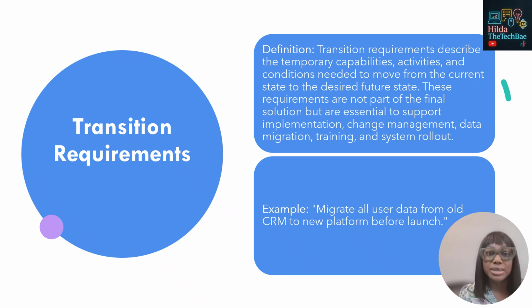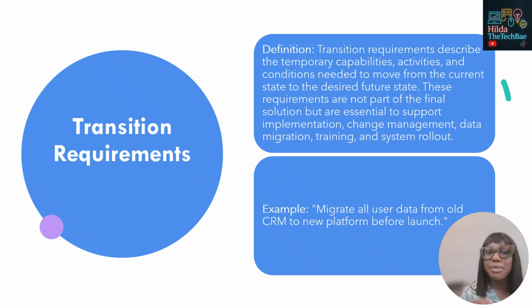Transition requirements are like moving trucks. They are not needed forever, but they help you get from old to new smoothly. Transition requirements are often overlooked but are absolutely critical during implementation.